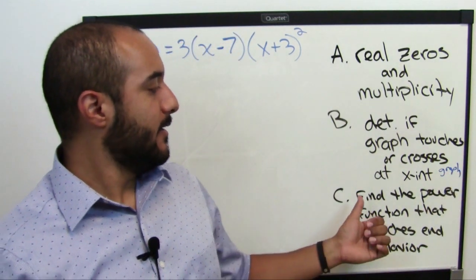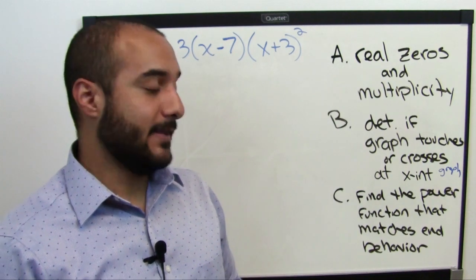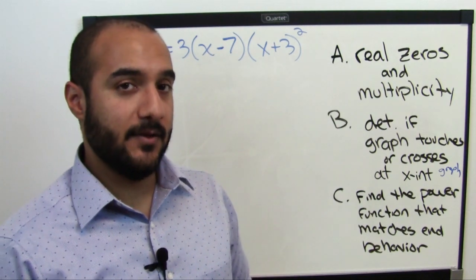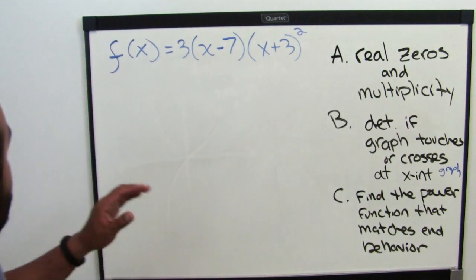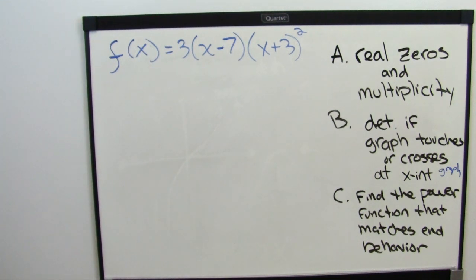And C, find a power function that matches the end behavior. Let me move out of the way. Go ahead and try this problem, and I'm going to show you the answers in 3, 2, 1.